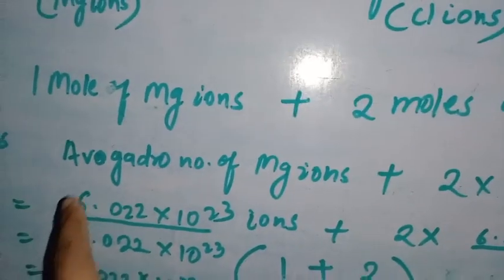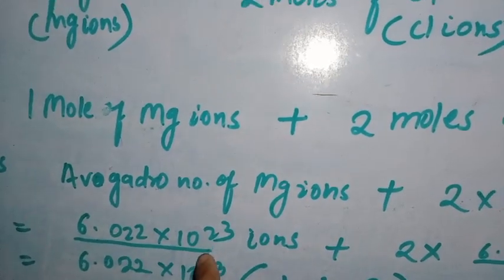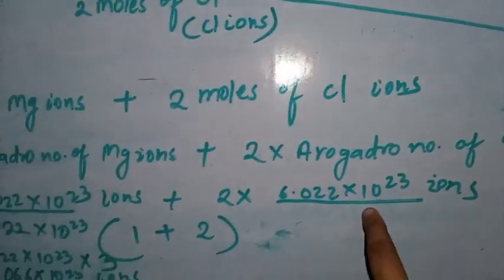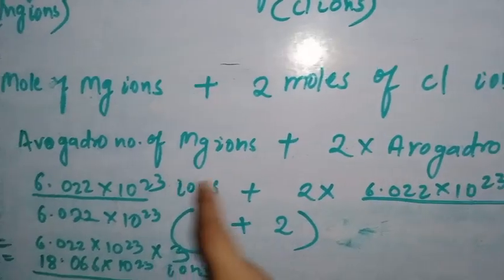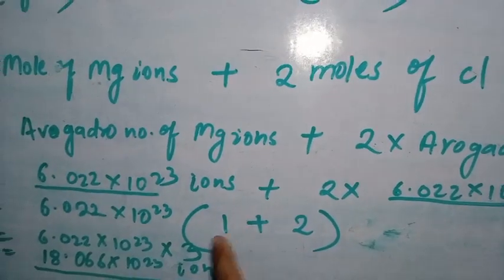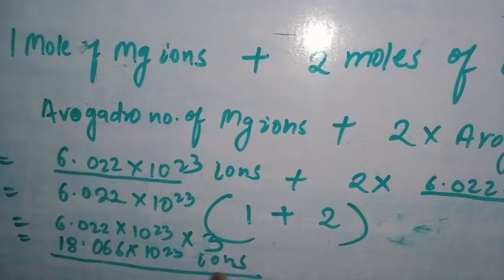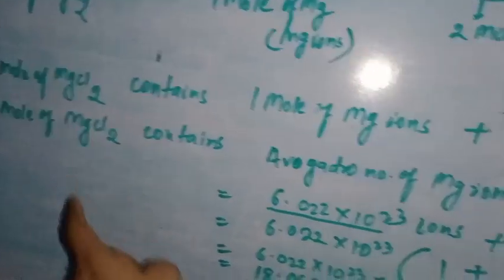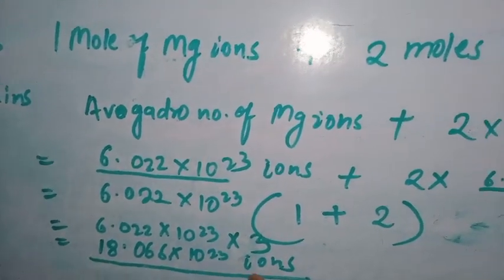Okay, so we will put the value of Avogadro number, 6.022 into 10 to power 23 ions, plus 2 into 6.022 into 10 to power 23 ions. We will take the Avogadro number as common, and when we solve it, we will get 18.066 into 10 to the power 23 ions. Means 1 mole of magnesium chloride contains 18.066 into 10 to the power 23 ions.